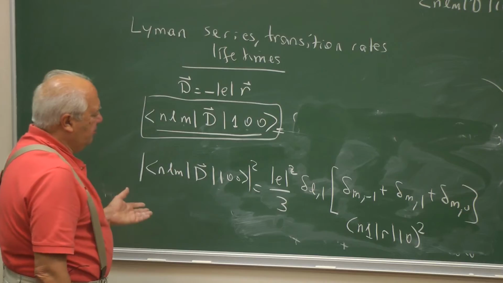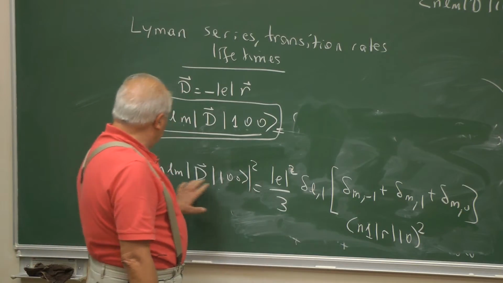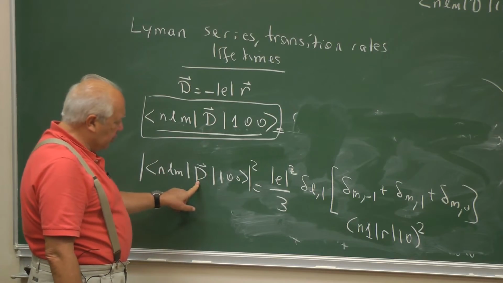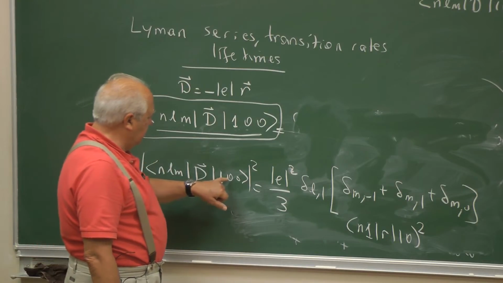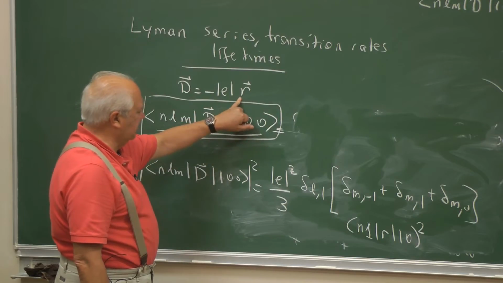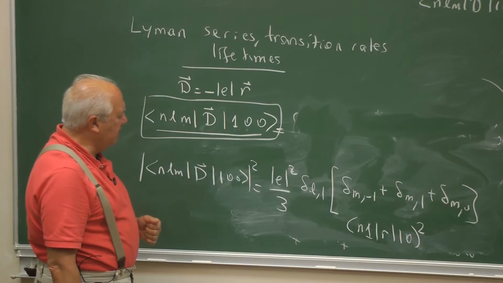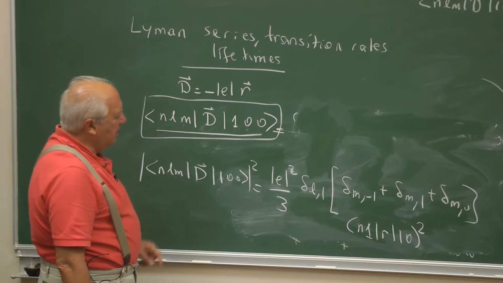What can we say from this? It says that this is the coupling strength of any nlm to the ground state via the dipole operator. Since the dipole operator is a vector operator, namely its orbital quantum number is 1, it can connect only with L equals 1 states.